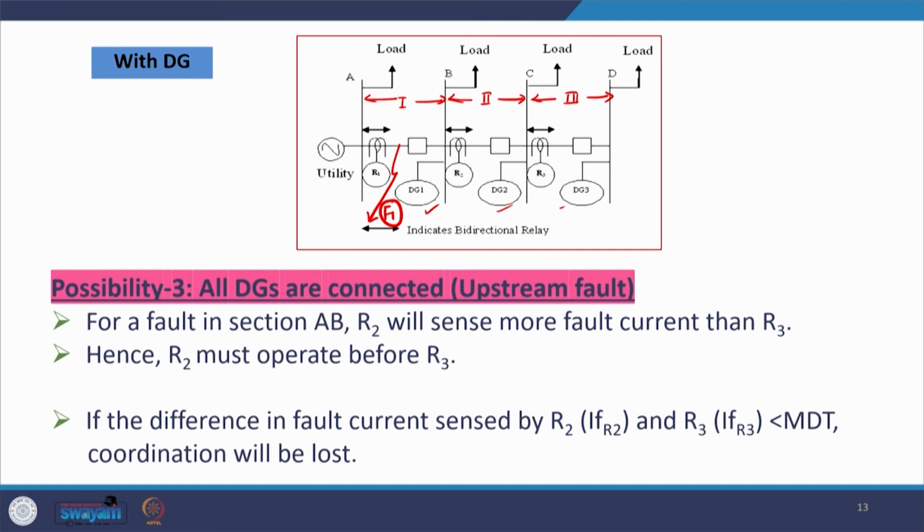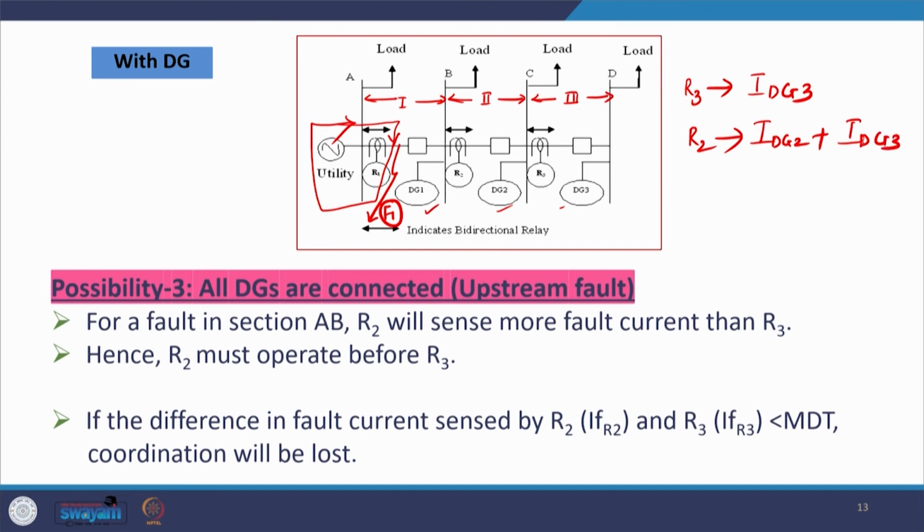In this fault at F1, relay R2 will sense more fault current than relay R3. So, obviously, when the fault occurs at F1, one flow of current is from the utility side, and on the other side, if you consider relay R2 and R3, then through relay R3 the current flows only because of IDG3, and through relay R2 the current flows because of IDG2 plus IDG3.